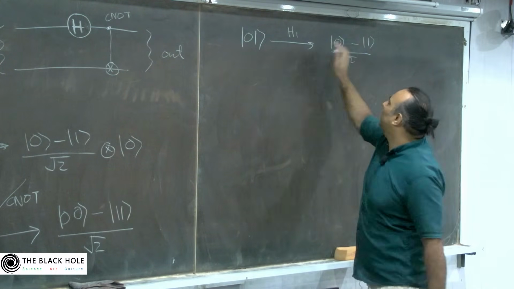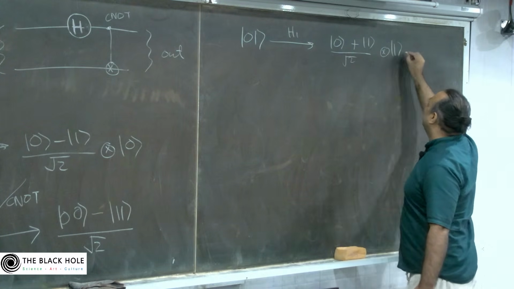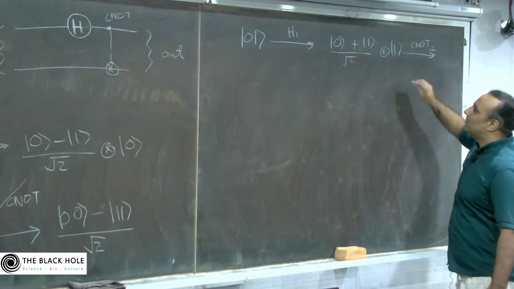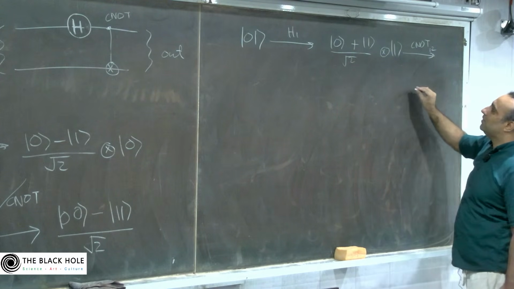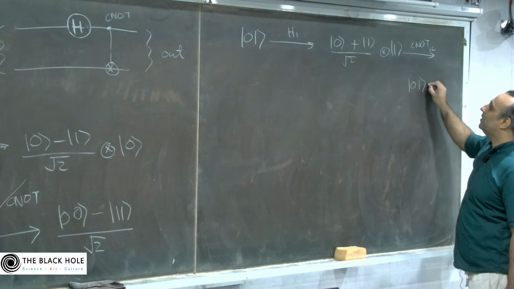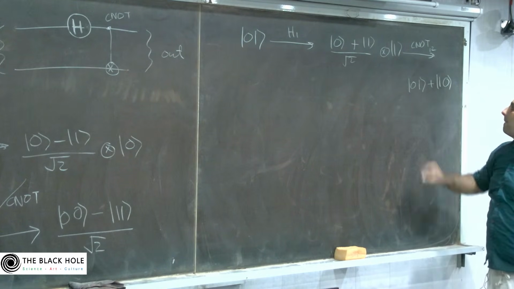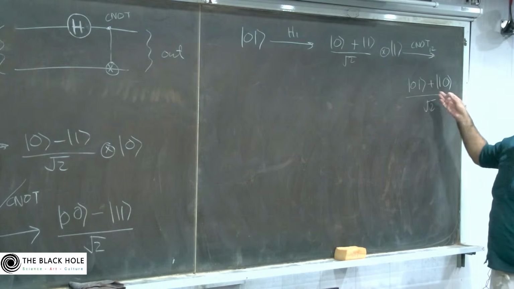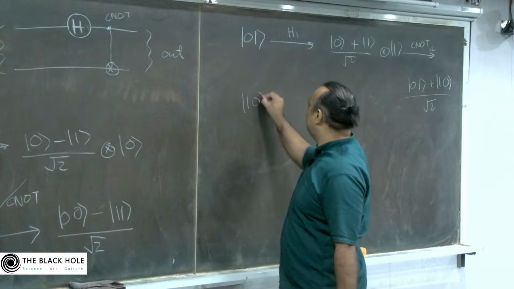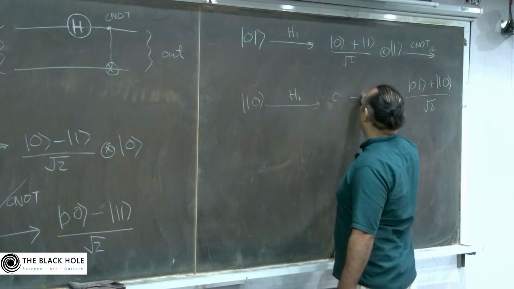Then CNOT, from the first term it will give you 0 1, plus from the second term it will give you 1 0. So you can get this state from that. Similarly, if you had this one, now you can get 0 minus 1.